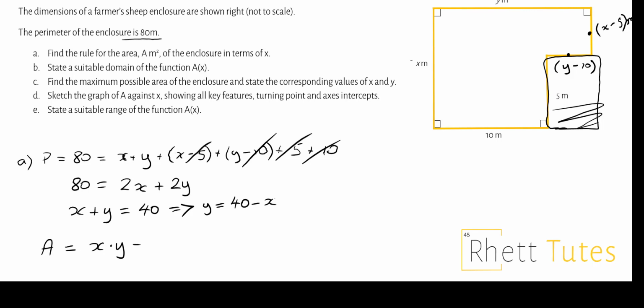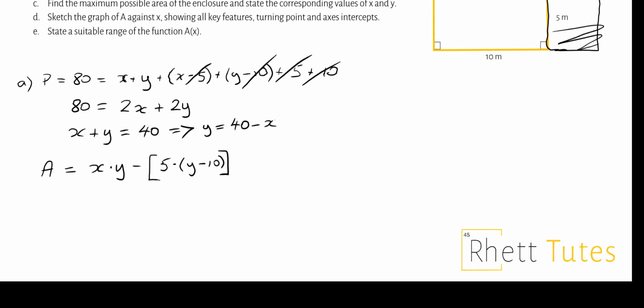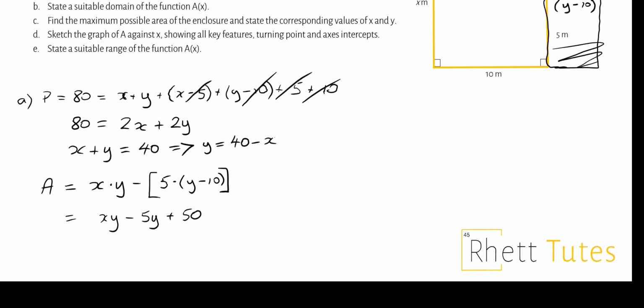So we're going to subtract 5 times y minus 10. So that is going to equal xy minus 5y plus 50.